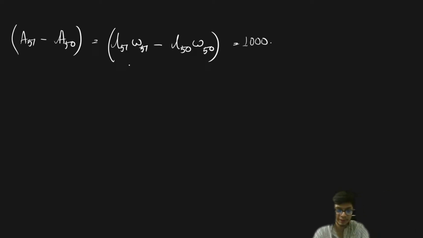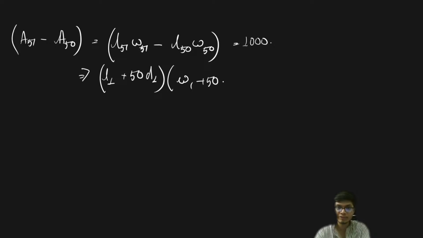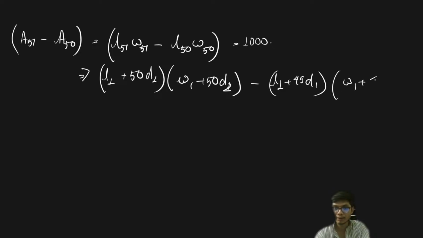I can write L51 as L1 plus 50 times D1, multiplied with W1 plus 50 times D2, minus L1 plus 49 times D1 multiplied with W1 plus 49 times D2, and that difference is given as 1000.